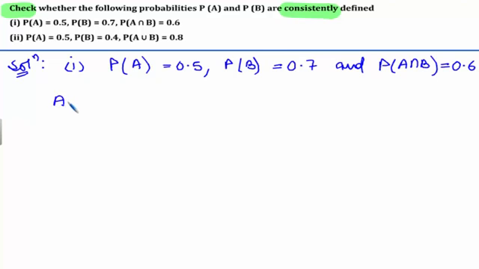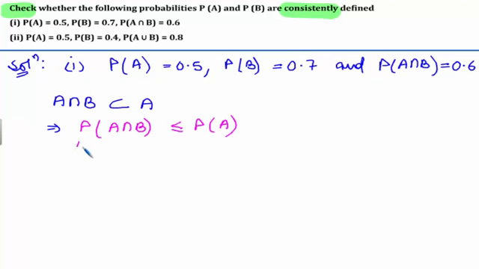Now, we know that A intersection B is a subset of the set A. This implies that probability of A intersection B is less than or equal to probability of A. But here, probability of A intersection B, 0.6, is not less than or equal to the probability of A, which is 0.5.